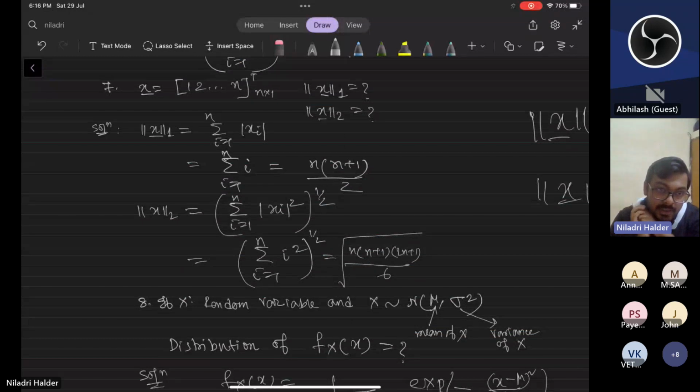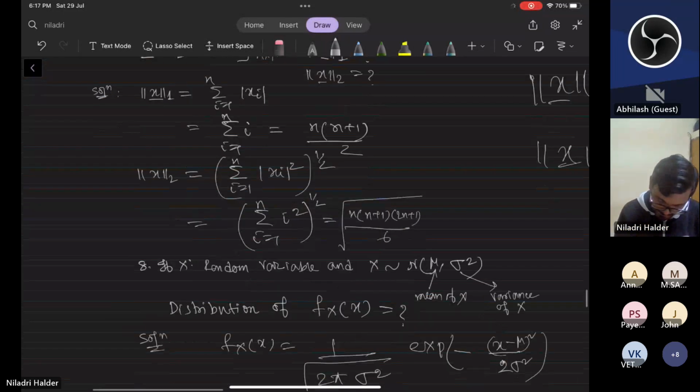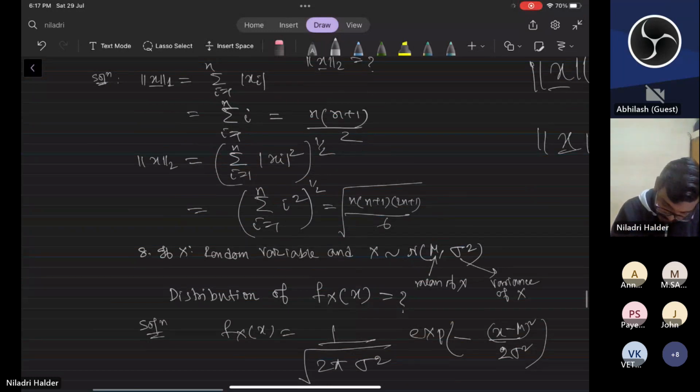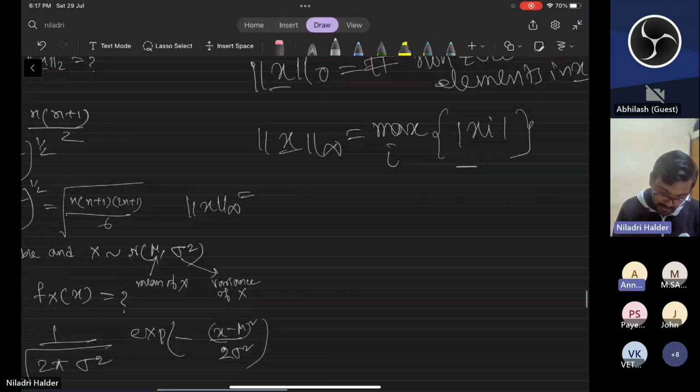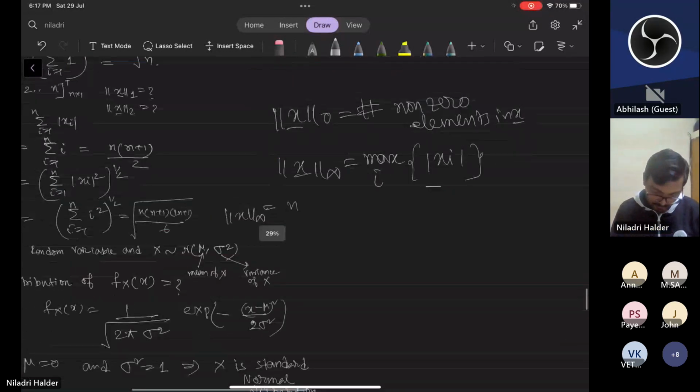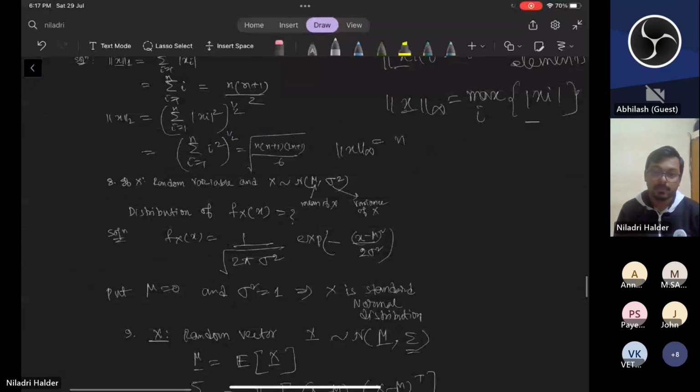Yes, using the definition, the infinite norm should be n. Okay, yes.